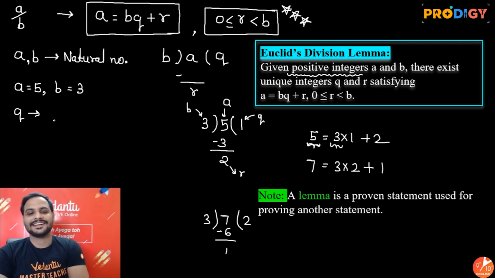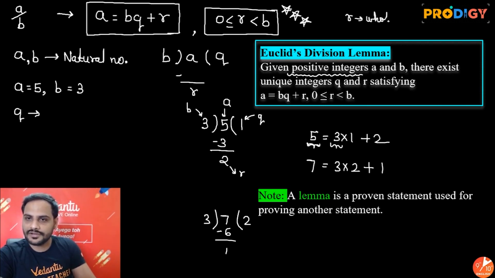Okay, so dekho beta, understand this thing. R can be 0 as well, na? So the values of R will be whole numbers, but not all the whole numbers, only the whole numbers which are less than B. Correct, na? Right?